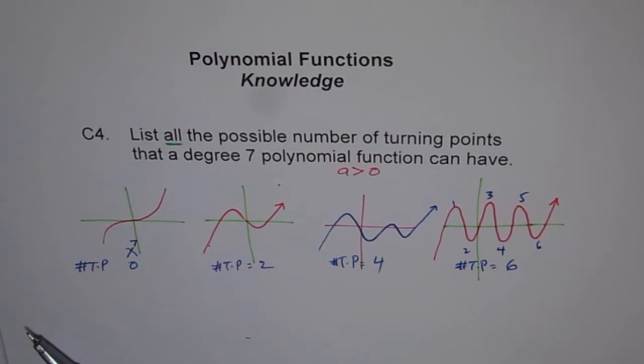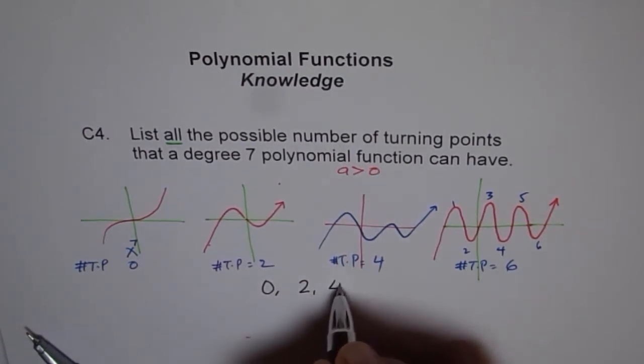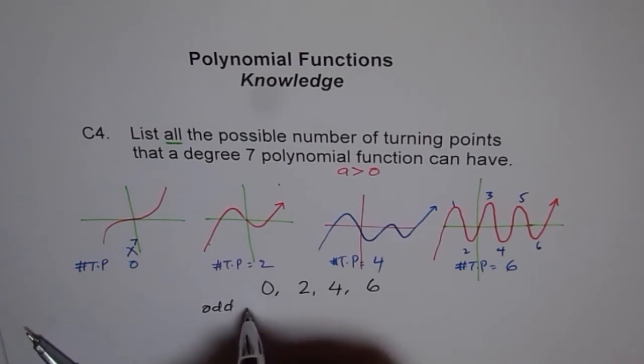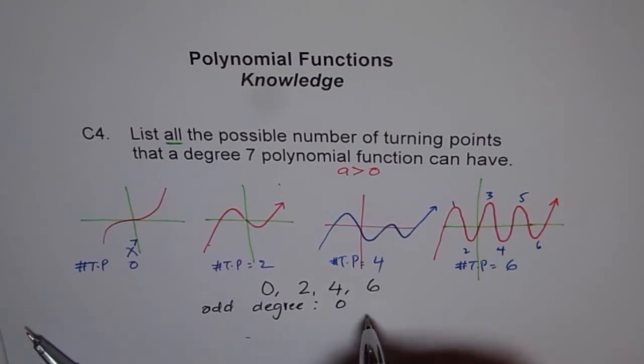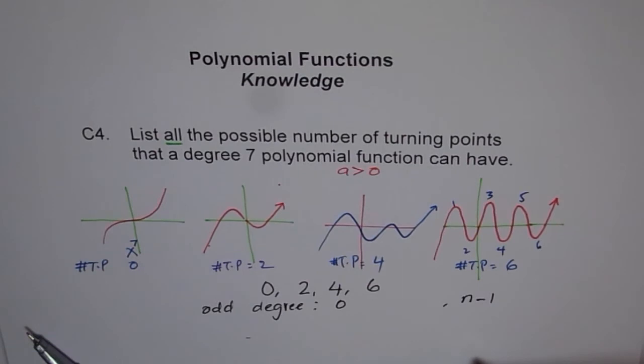So what is your answer? All possible numbers of turning points are 0, 2, 4, and 6. So for any odd degree function, the least is 0 and the most is n minus 1.